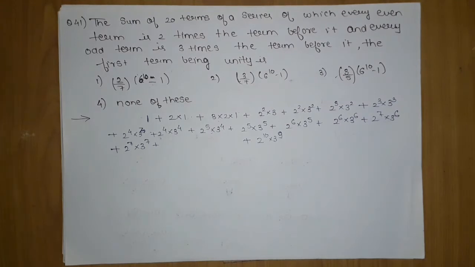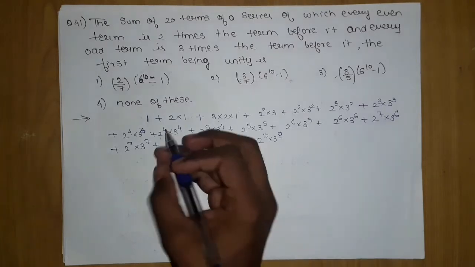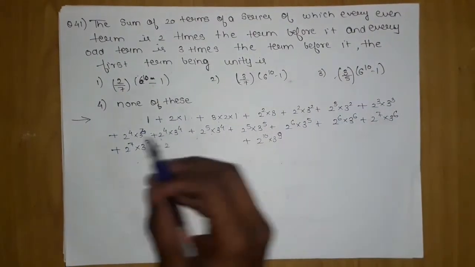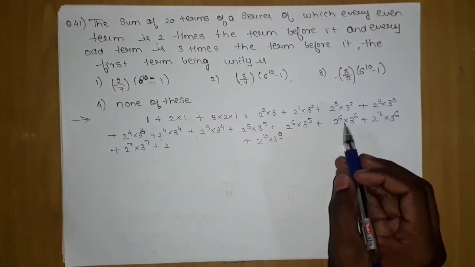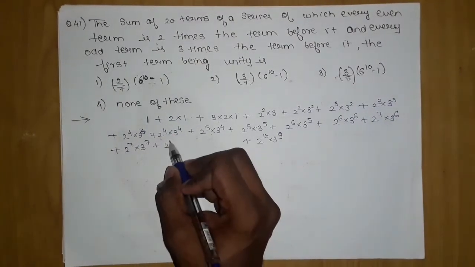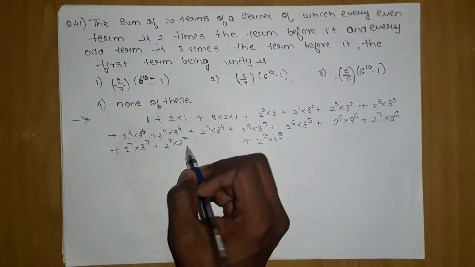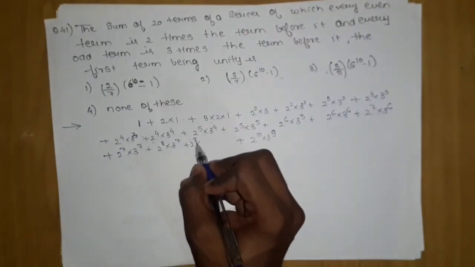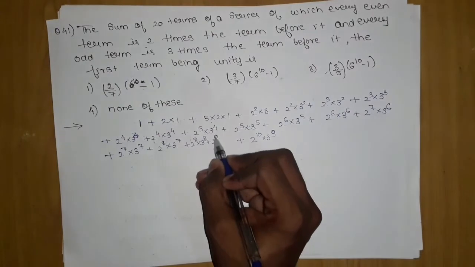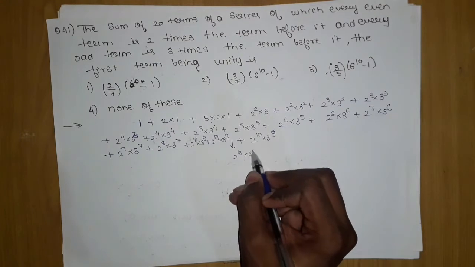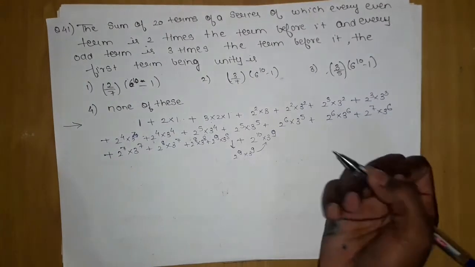So how can we solve it? Let's write it out: 2 power 8 into 3 power 7, and then 2 power 8 into 3 power 8, plus 2 power 9 into 3 power 8, and the last one I will add here, 2 power 9 into 3 power 9, and then 2 power 10 into 3 power 9.